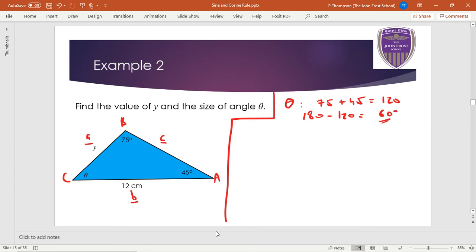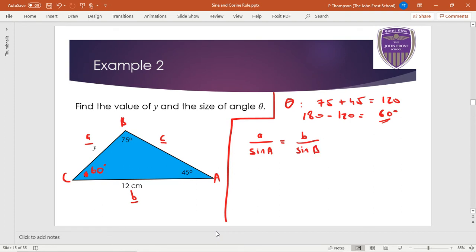I'm going to put that on the picture. You don't need it, but always put it on the picture. Right, to find y now, okay, I'm going to have to use a over sine a again equals b over sine b.